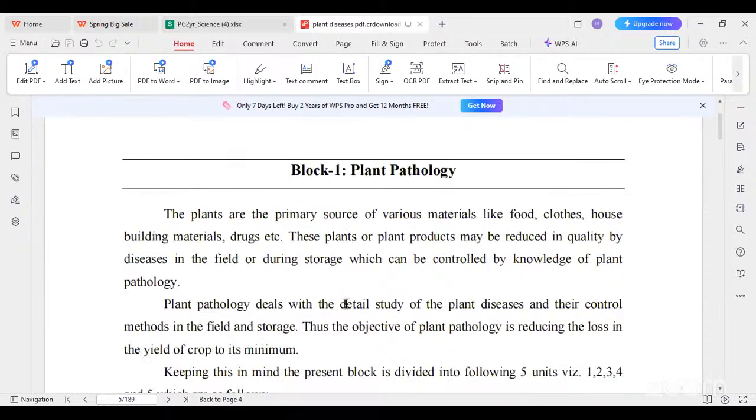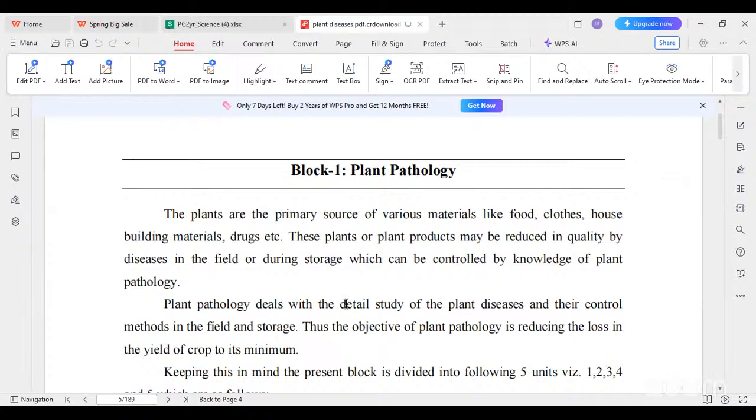Plant pathology. Plants are the primary source of various materials like food, cloth, house building materials, drugs, etc. These plants or plant products may be reduced in quality by diseases in the field or in storage, which can be controlled by the knowledge of plant pathology.